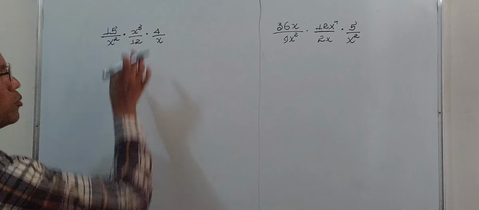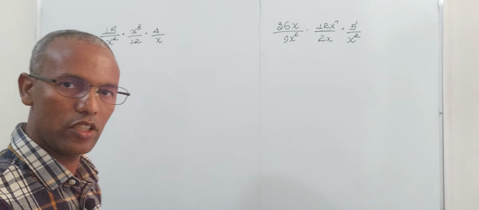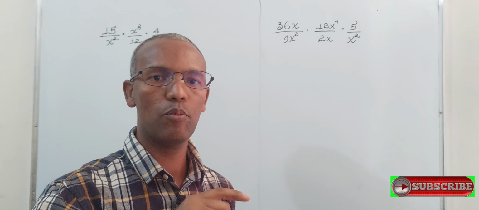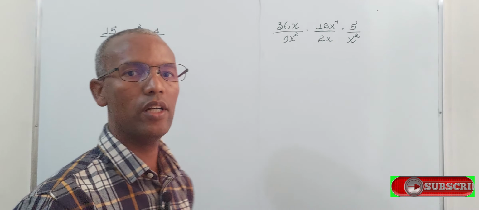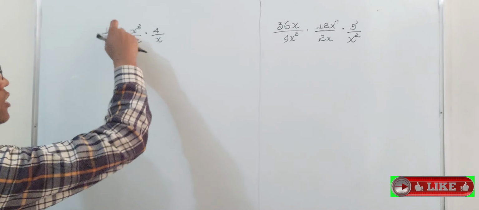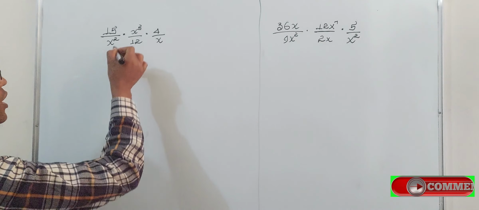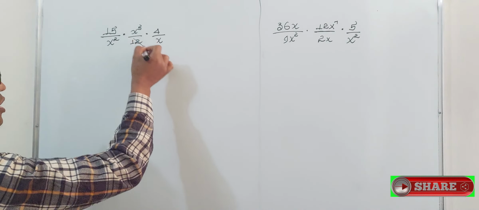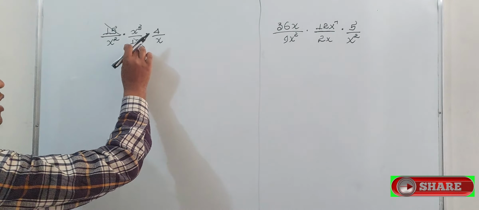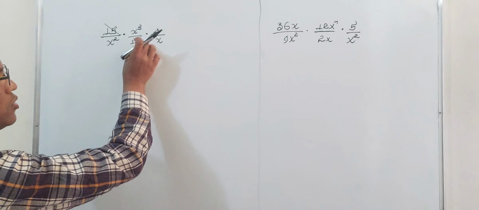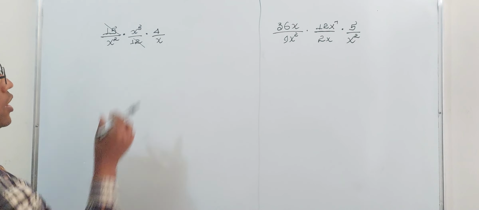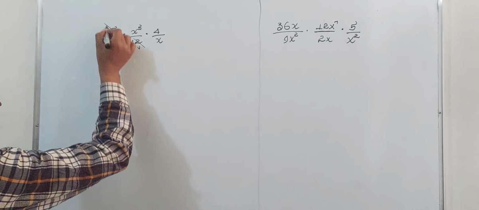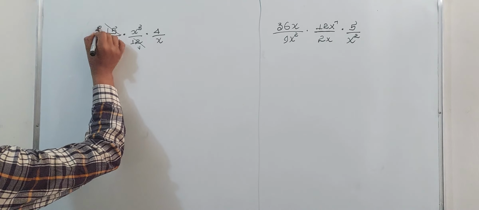Instead of multiplying numerator with numerator and denominator with denominator, we can reduce the top and the bottom numbers. Let's say we have a 15 over here, let's reduce this guy with this guy, meaning that if you divide this 12 by 3, you will get 4, right? And then this guy, if you divide by 3, you will get 5, right?